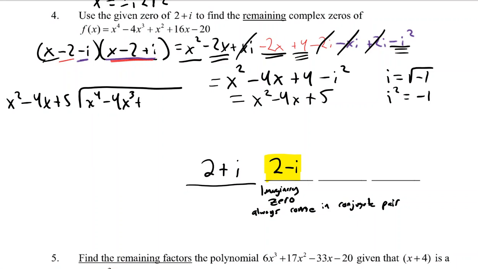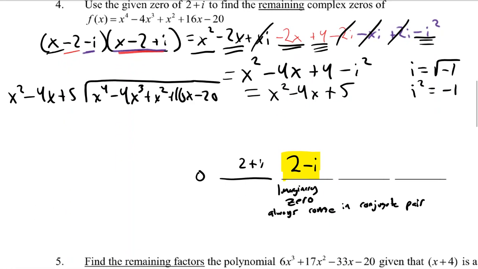We're trying to divide out the two zeros that we know about. But because these came from zeros that were given to us, we absolutely know that the remainder is supposed to be 0. So if we don't get a remainder of 0, we know something went wrong in our arithmetic.